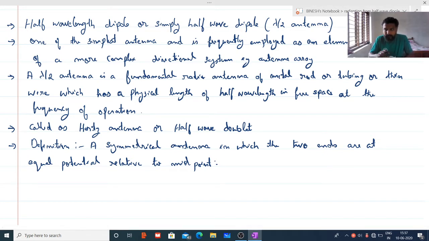Now we have to calculate the radiation field of a half-wave dipole antenna.